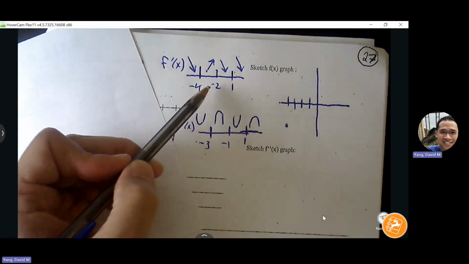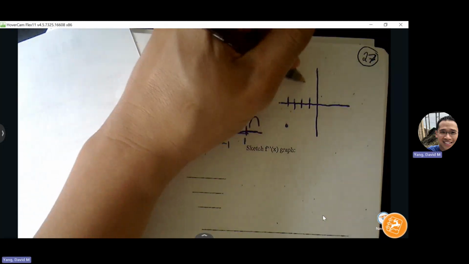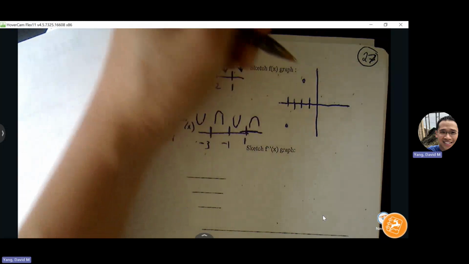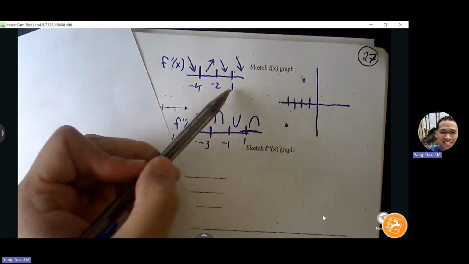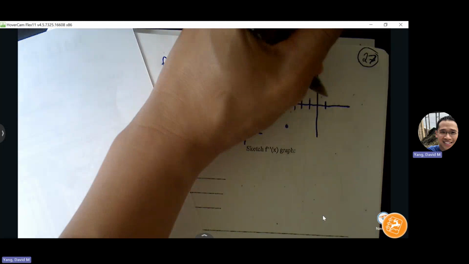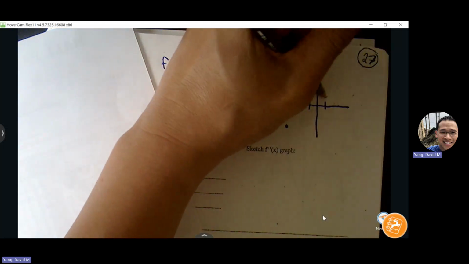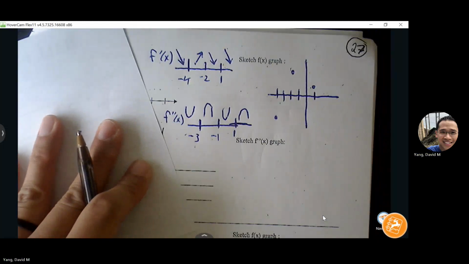Okay, what do you expect at -2? I'm going to just pick a high point just to make it where I can distinguish my graph a little bit more. And what about at 1? Yeah, it's falling, but is it a relative max or relative min? It's not. So I know it's just going to kind of flatten out, but I'm just going to pick a point somewhere in between.